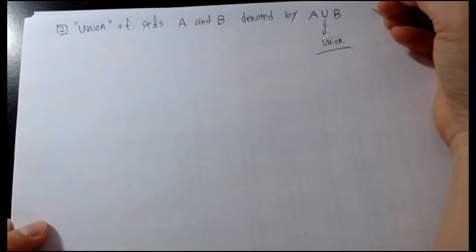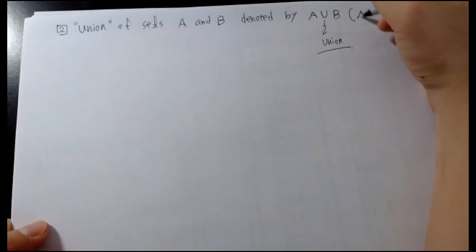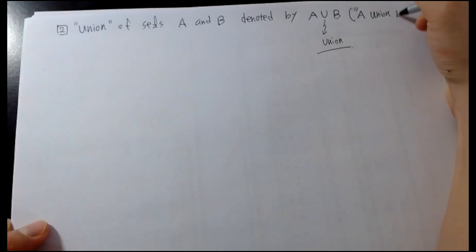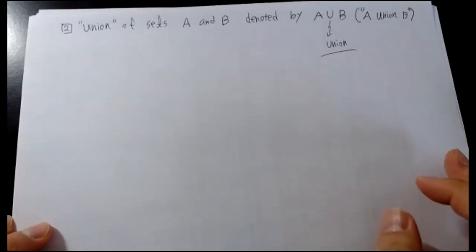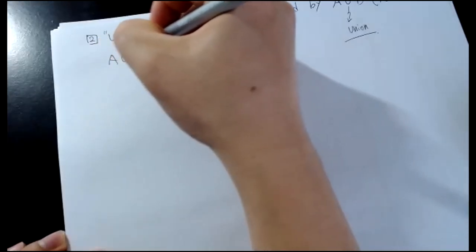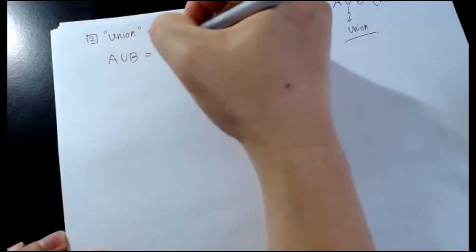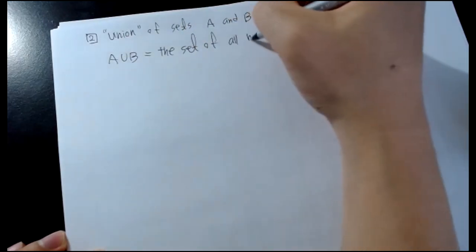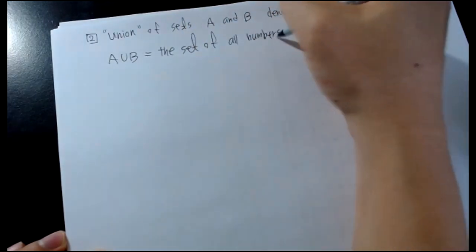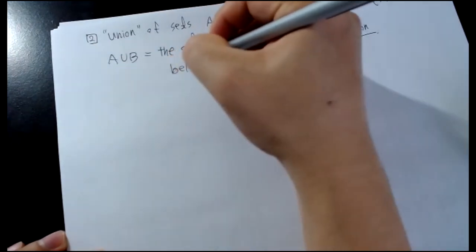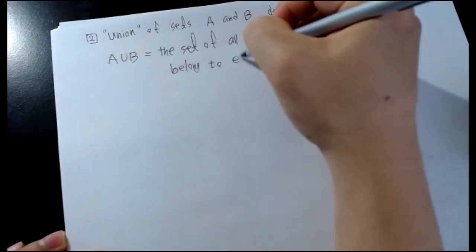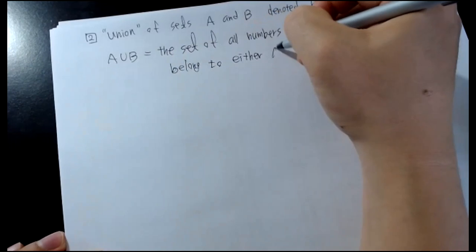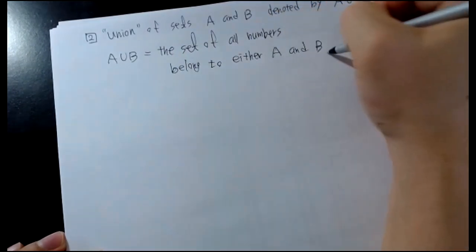This is called A union B. So A union B means what? The set of all numbers belonging to either A or B.